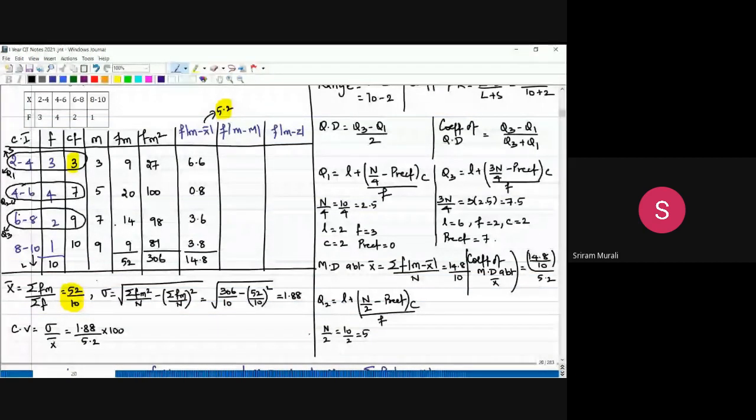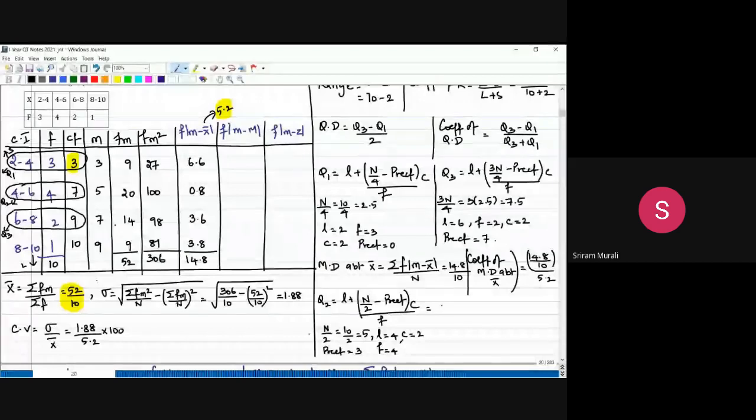If this is the Q2 class, what is L? 4. What is C? 2. What is F? That is also 4. What is pre-CF? Pre-CF is supposed to be 3. So if I substitute in this formula, what is my Q2 median? The median will be equal to 5.